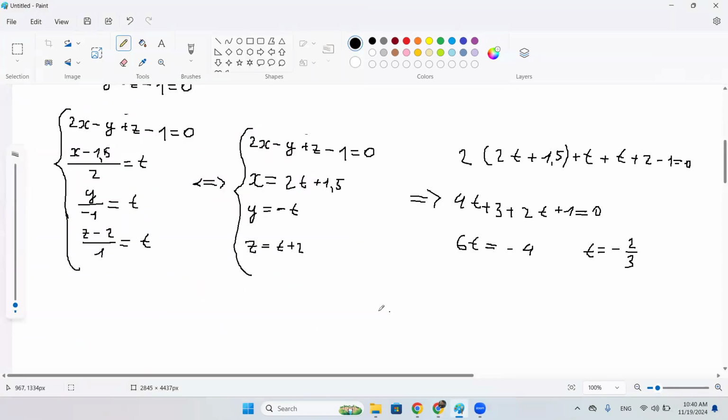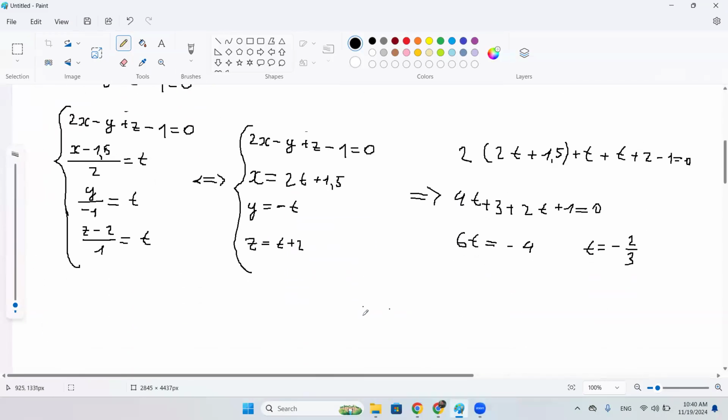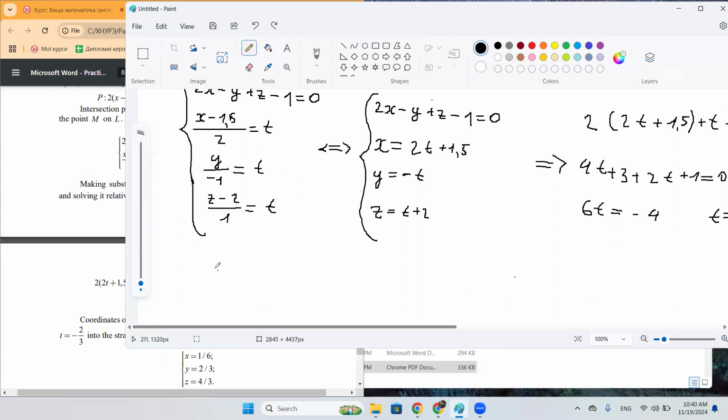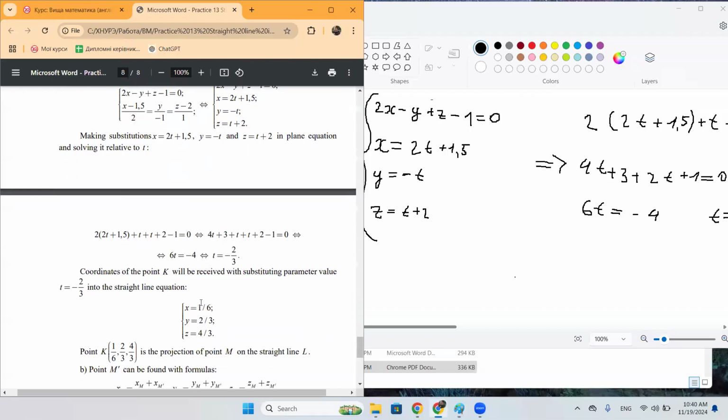So coordinates of the point N are the following. Yeah, so x equals minus 4 thirds plus... Okay, let's not waste time calculating fractions, so we will just believe my calculations here.